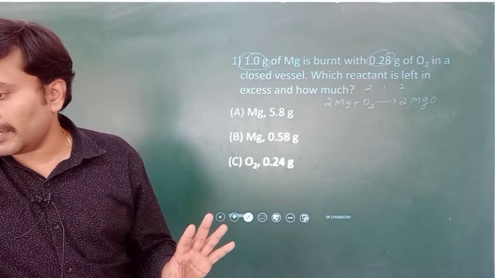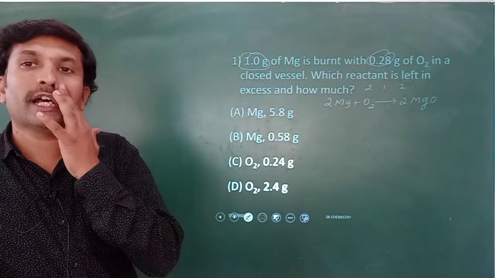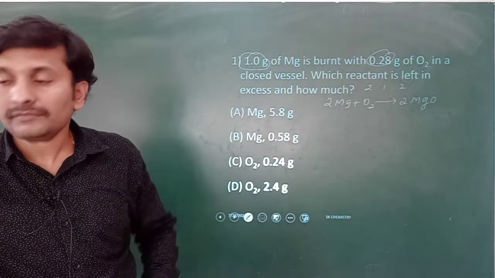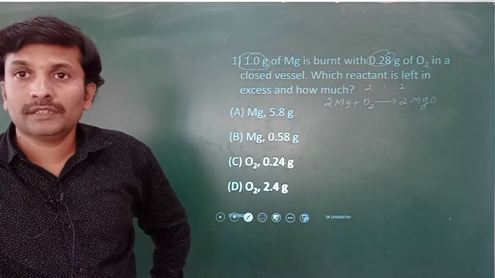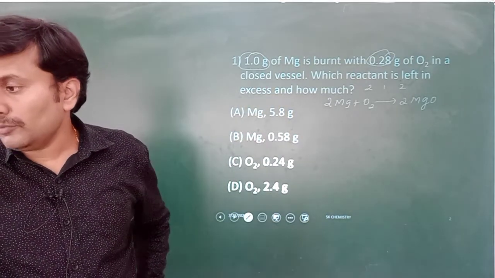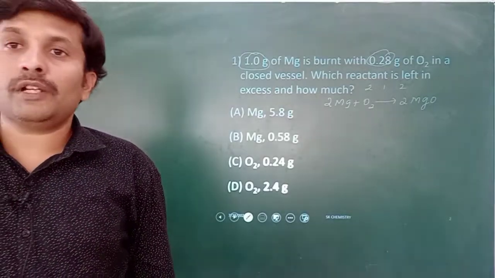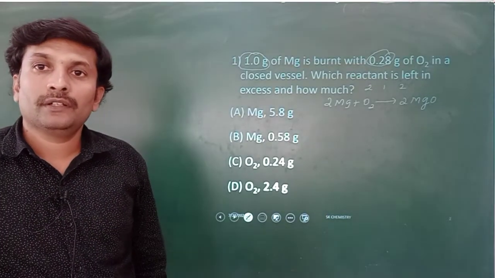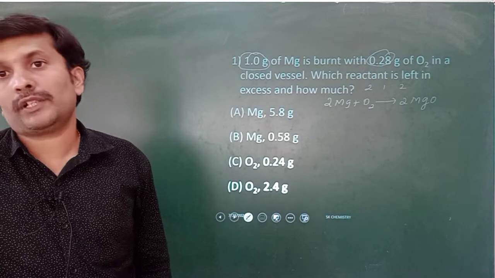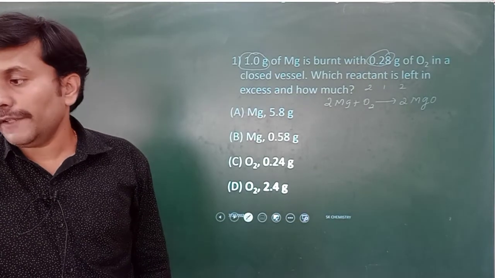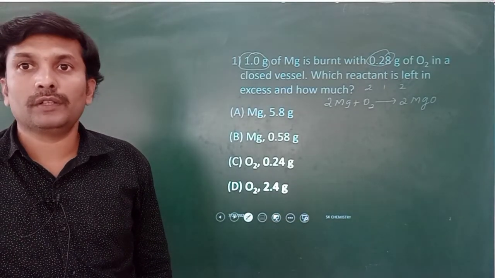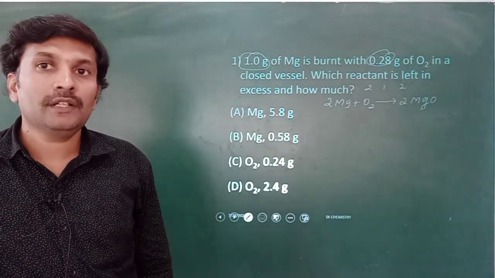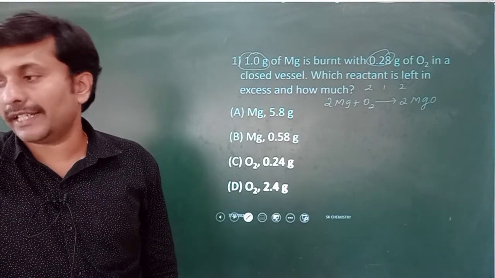But here, when we see the options, we are coming across grams. So 2 moles: 1 mole of magnesium is how many grams? 24 grams is 1 mole. Please make a note of that, children. So 2 moles means 48 grams.